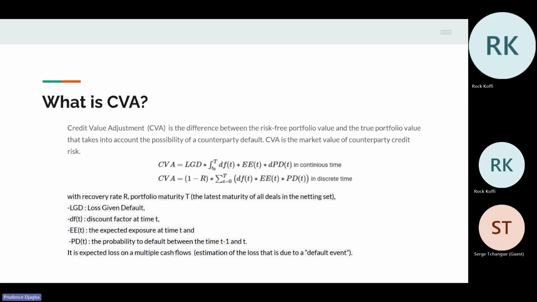Maybe for different financial derivatives, we could get the expected exposure as a continuous function, which I would like to see. If we are considering different financial derivatives, what could be the expected exposure in those different settings. Yeah, so that's it.